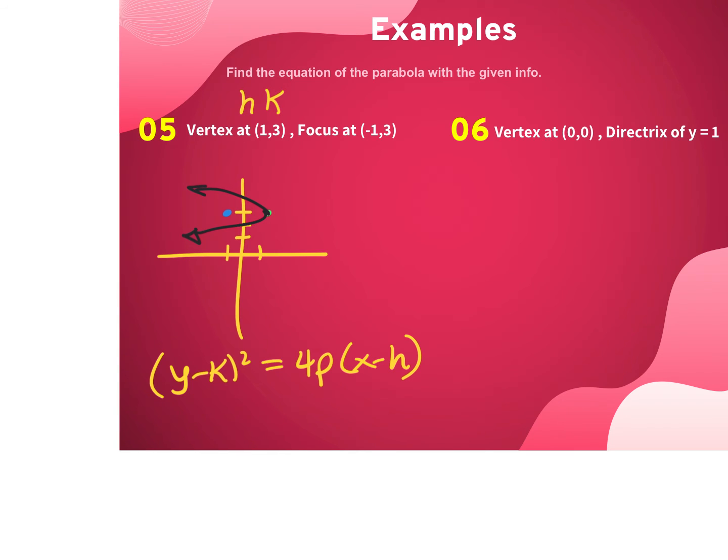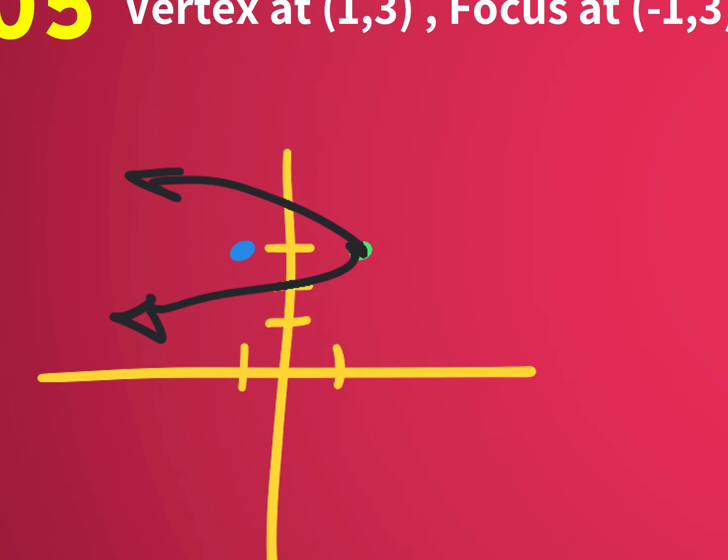I can either count the little spaces since I graphed this, and I can see that the distance between the blue and the green dot here is 2 spaces. So the p-value here is going to be -2 because it's opening to the left.